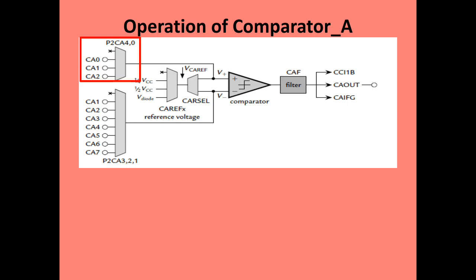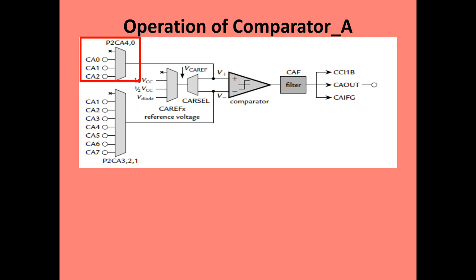For that reason, these 10 are divided into two groups. One is with an 8:1 mux, the other is with a 4:1 mux. In the 8:1 mux, we are using only 7 inputs, one is not connected. In the 4:1 mux, we are using only 3 input terminals, one is not connected.